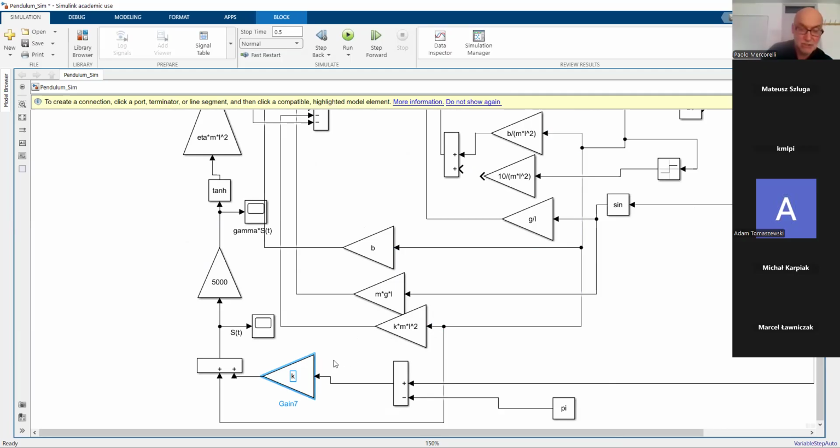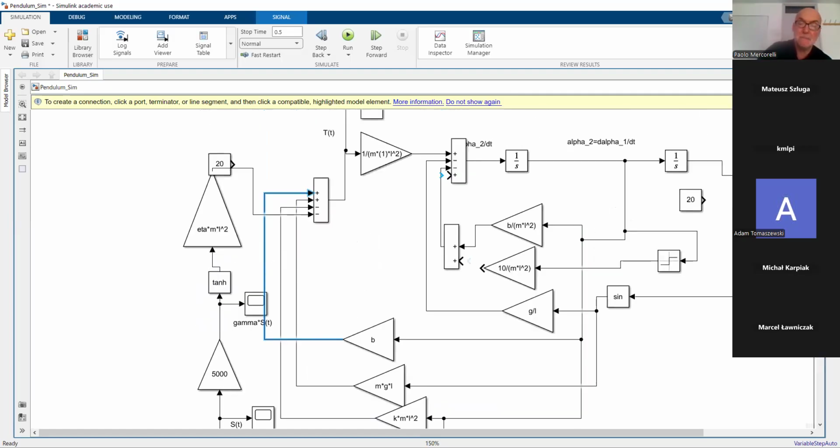But let me start with the original case. K, which multiplies what? Alpha 1 minus pi. Do you remember? Because we want to stabilize, we want to control at pi with velocity 0 for each disturbance, for each cancellation error. The rest is basically the elements of the equivalent part, which are dedicated to the cancellation.